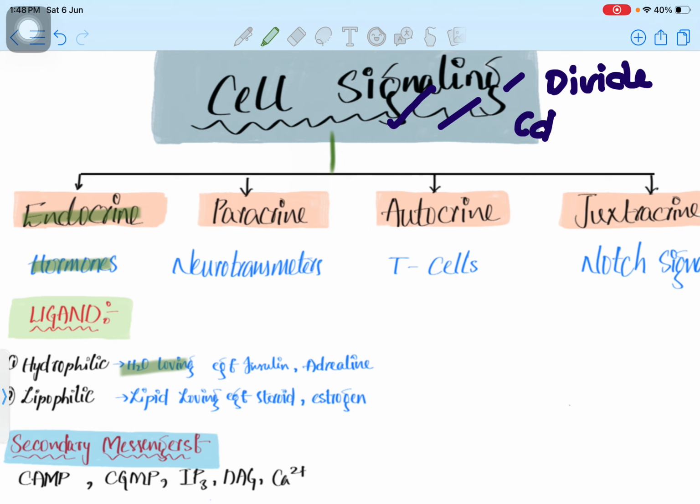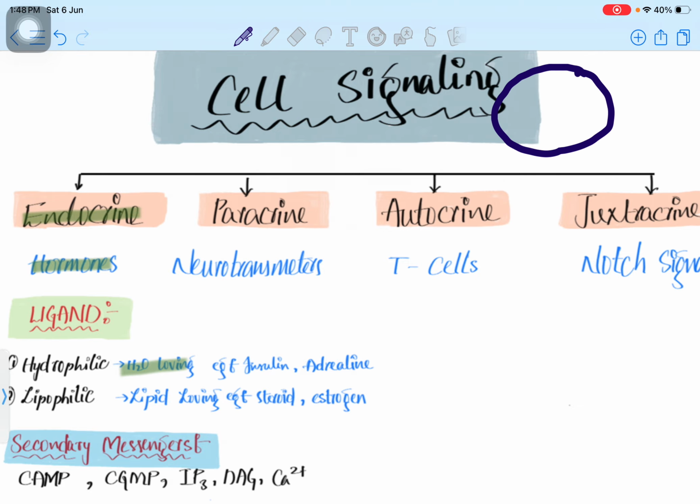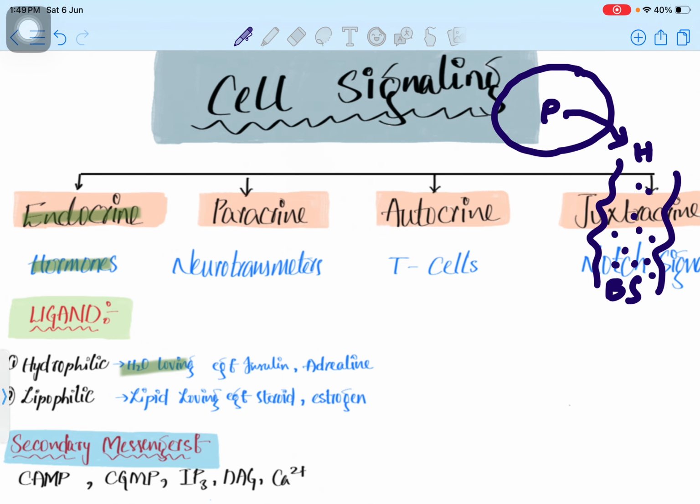Here you can see the first one, endocrine, where hormones are released from the glands. I hope you know, but even if you don't, you can still understand. If this is our brain, in the brain we know the pituitary gland is present. The pituitary gland releases hormones directly into the bloodstream. What will this hormone do?